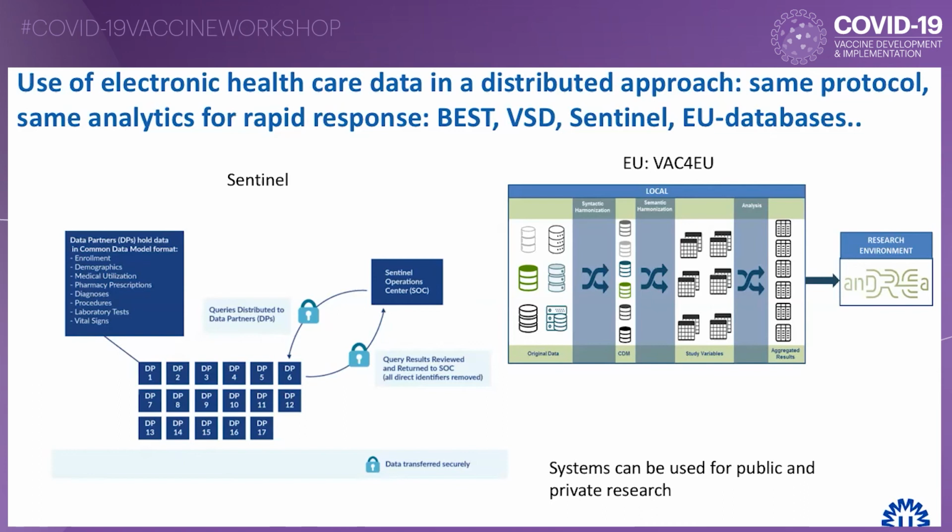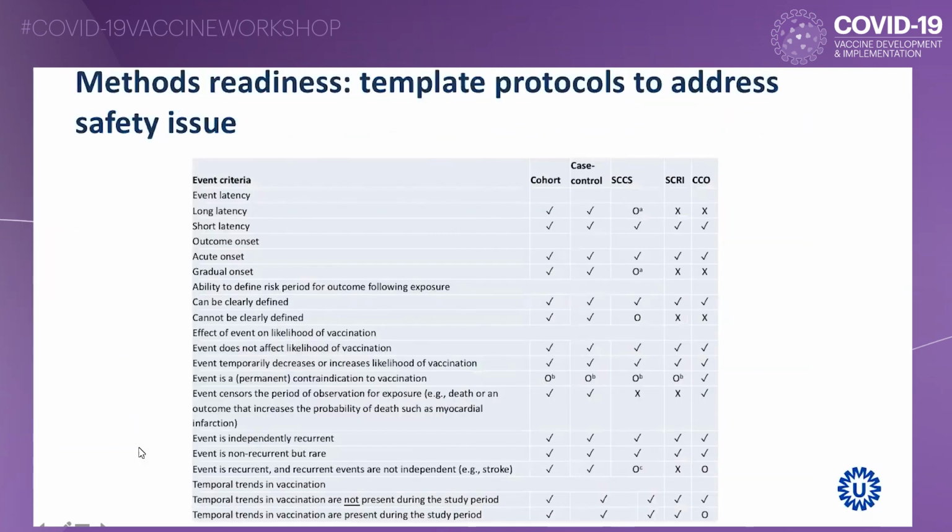They also exist for the Vaccine Safety Data Link, for the BEST initiative in the USA, in CNODES in Canada, and in Europe, and these infrastructures can be used for both publicly as well as privately funded research. Then what is needed for the analysis of such large linked databases, of course, is protocols and methods readiness.